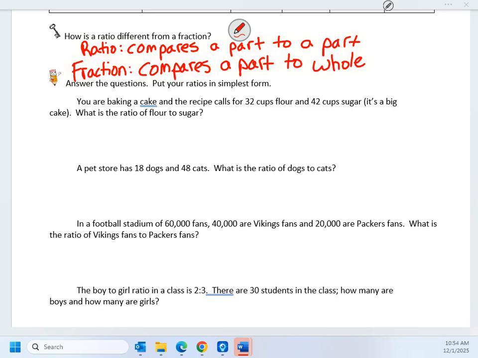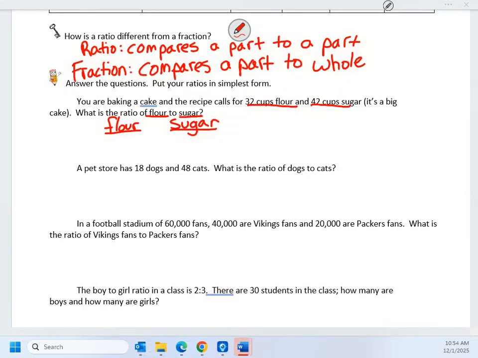We're going to always look at the question, the ratio of flour to sugar, and we're going to set up with labels: flour to sugar. So we remember the order of our numbers, because sometimes we will have questions that don't put it in the same order as the information is given.